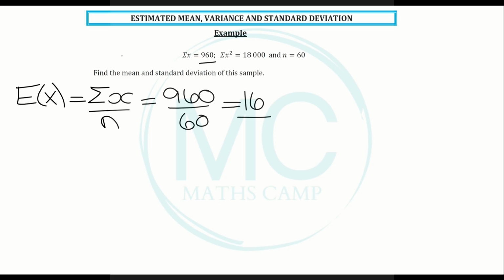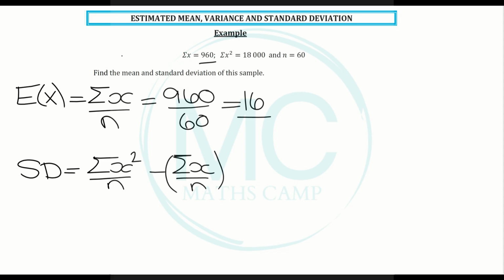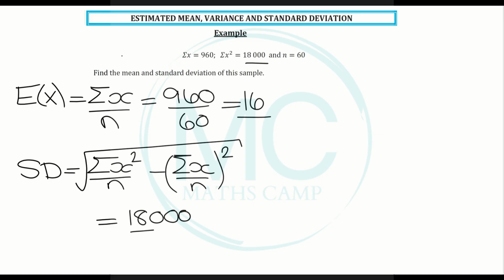Now I can find the standard deviation. We know that for standard deviation, we're going to say sigma x squared over n minus sigma x over n squared. And this is the square of the mean, all under a square root. Sigma x squared is 18,000. So I can say 18,000 over n, which is 60, minus the square of the mean, which I already know is 16.